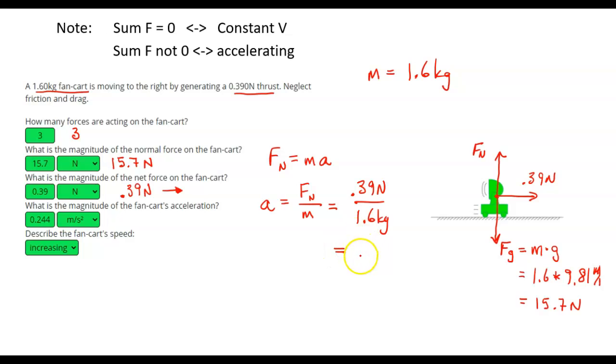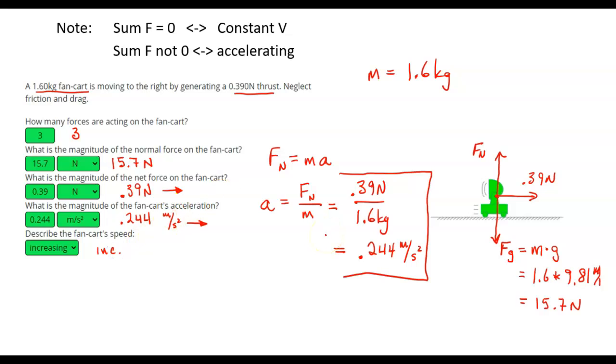So we plug that into our calculator, and I did earlier, so I know the answer is 0.244 meters per second squared. So we write that down, 0.244 meters per second squared, accelerating to the right. If our force is to the right, it means we're accelerating to the right, so our speed is changing to the right. And since we're already moving to the right to begin with, our speed is going to be increasing.